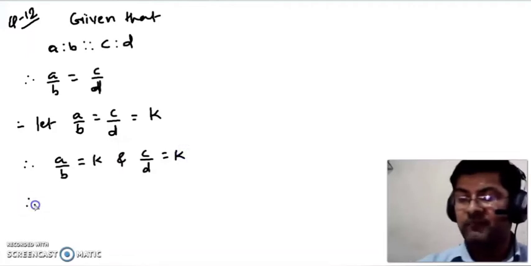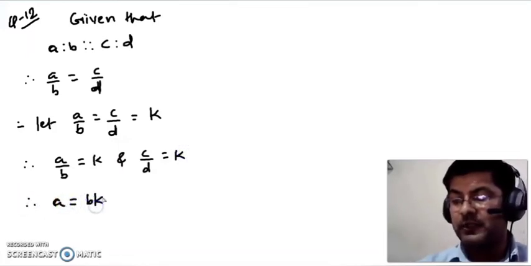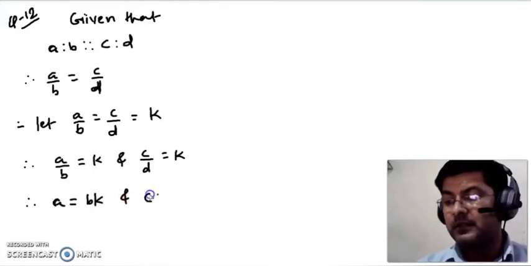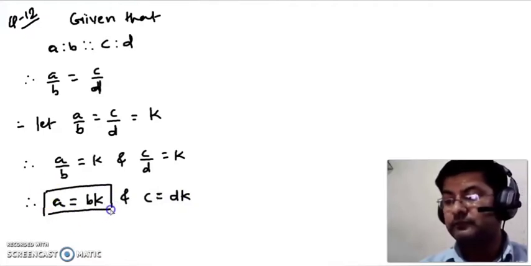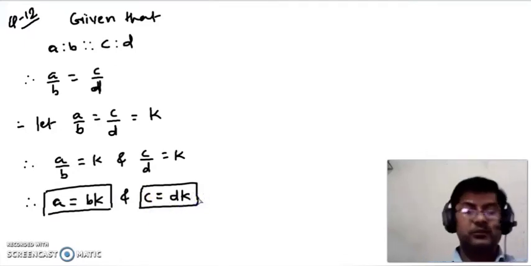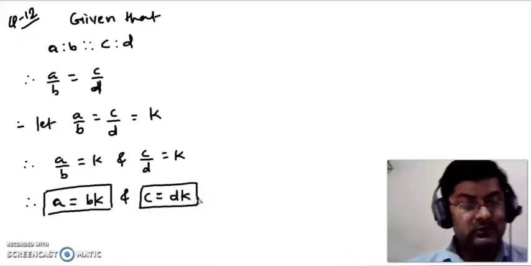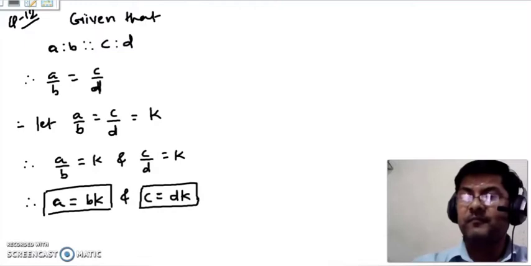Therefore a is equal to bk and c is equal to dk we can write here. Now we will use these results to solve the three questions given in question number 12. So let me start now the first one.